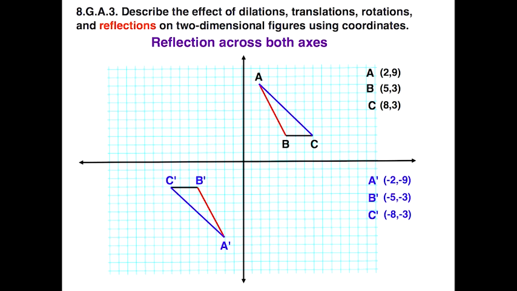Now let's compare to see what happened with the x coordinates and the y coordinates. Well, it looks like, if our original coordinates are x, y, our new coordinates, well, on the x's, all of the values are the opposite signs. So whatever the original x coordinate is, the new coordinate for the x, when we reflect it across both axes, will be the opposite of x.